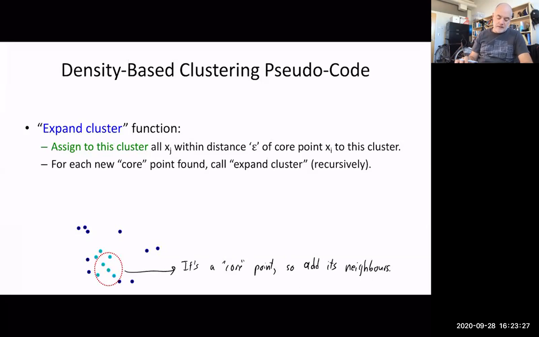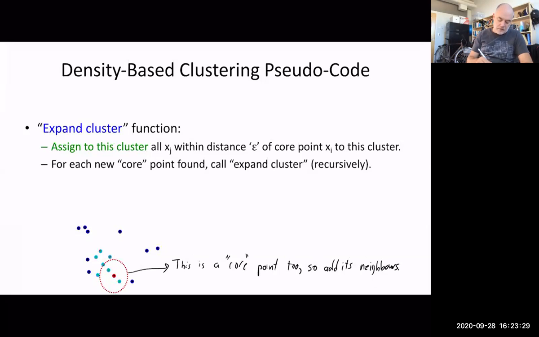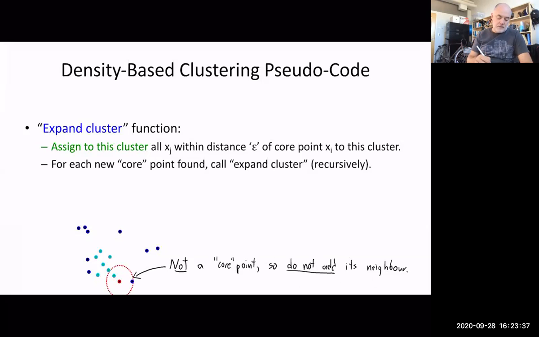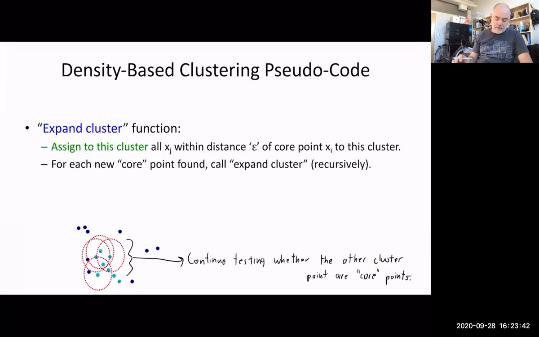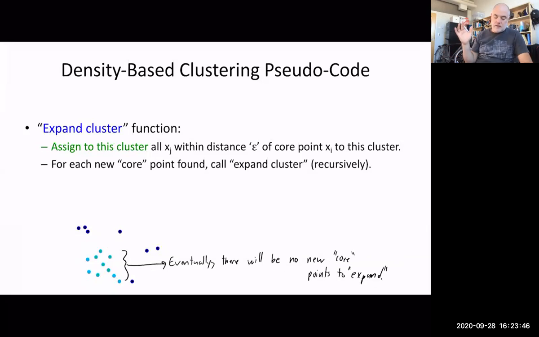So we add its neighbors, and now the queue has all of this stuff on it, but we're continuing on to recursively select this one preferentially. This is a core point, so we add its neighbors. We go down here, construct the epsilon ball. It's not a core point, so we don't add its neighbors. We go back and we recur and do all of these, and we get no new core points to expand here, right? Fine.